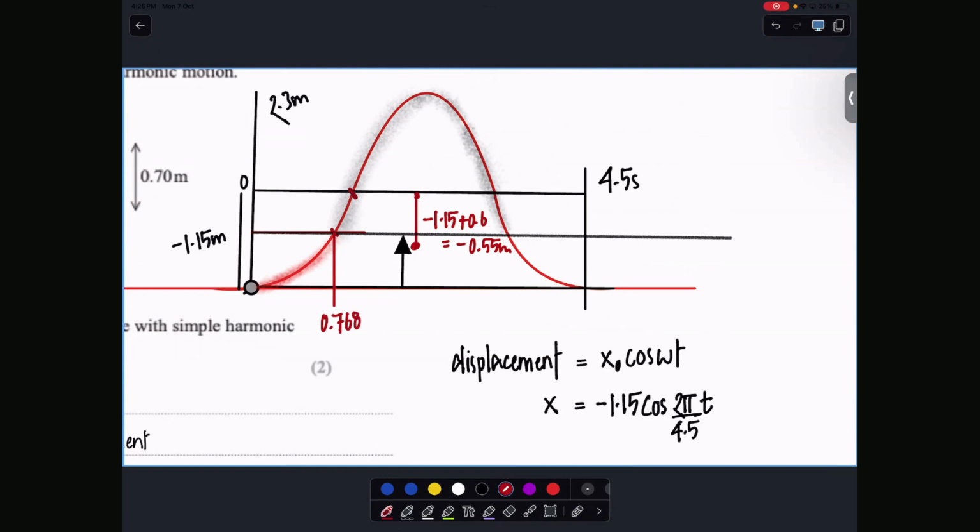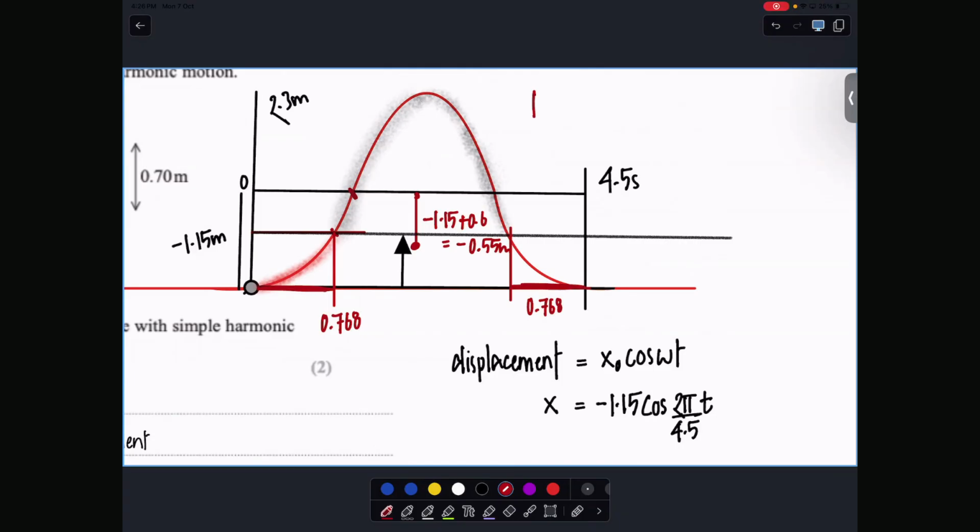If the total time is 4.5 and the object goes from here to there, it takes 0.768. How much is that time there? How do we find that time on the top? Right, very good. So the time here is also going to be 0.768. When I'm talking about the interval here and the interval there, and 4.5 minus.